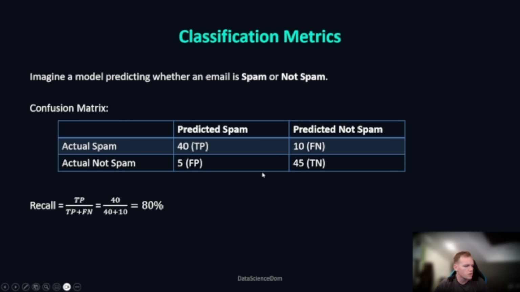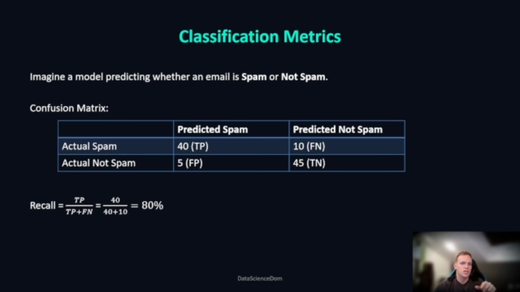If we go to the recall, we compare the true positives, like the correctly predicted spam, with the false negatives in the end, which means we compare all correct positive predictions with all positive values which are there in the ground truth.